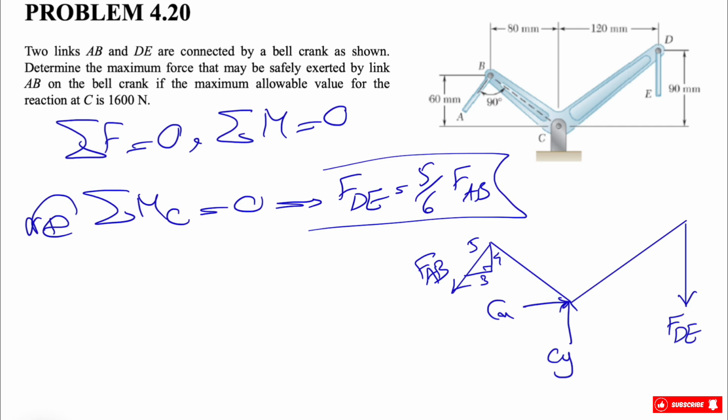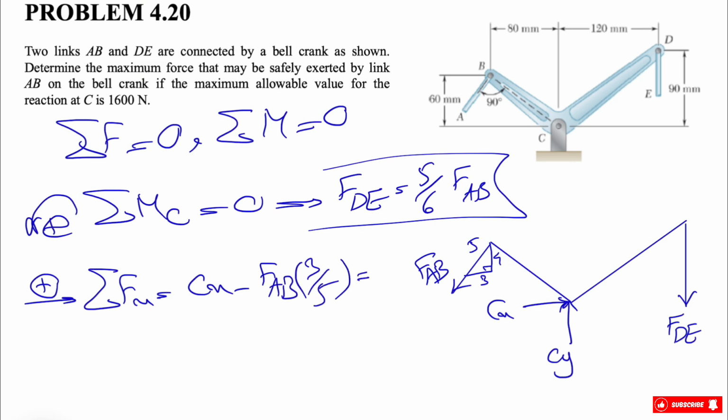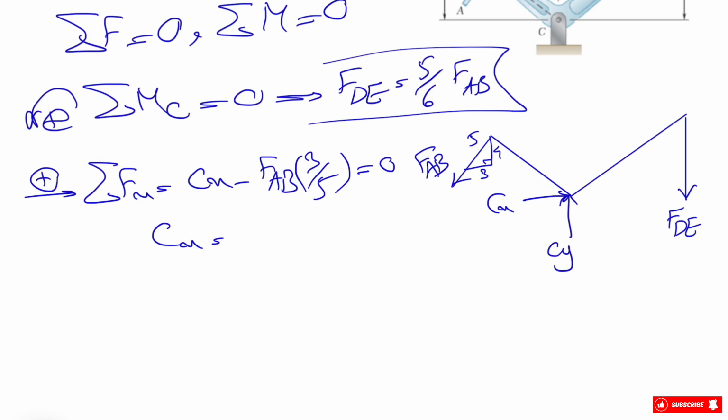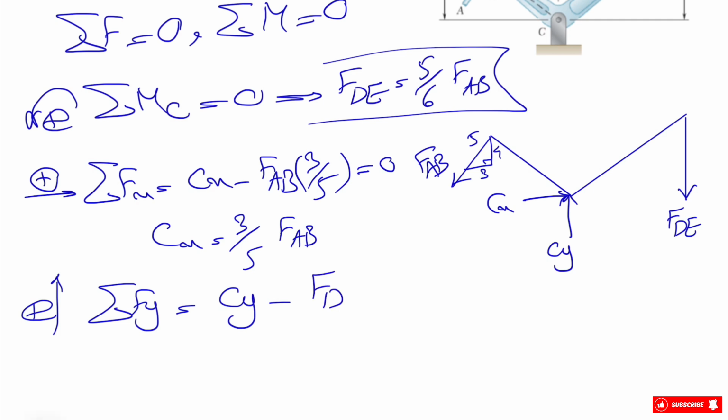So if that's the case, we can do our sum of all forces in the X and Y directions. For X, we'll have CX minus FAB times the X component, which is 3/5, equals 0, and from here we can find CX, which will be 3/5 FAB. Then we move on to the FY equation: CY minus FDE minus FAB times the Y component, which is 4/5, equals 0.